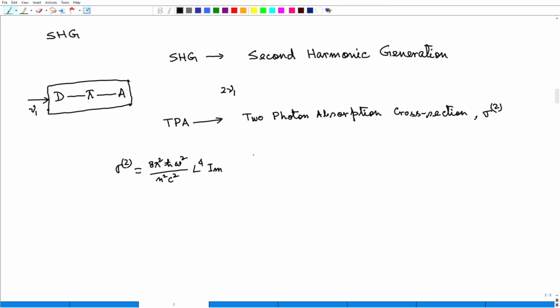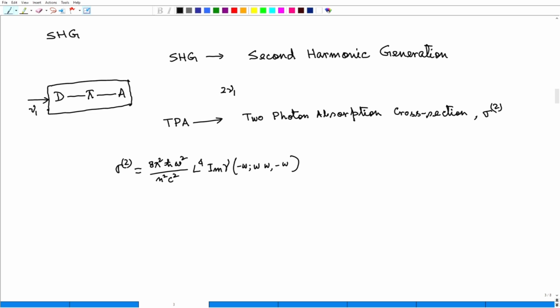Gamma is the third order NLO. Gamma is a function of minus omega, minus omega is an equation. Okay. Now, L corresponds to the local field factor, and then these values are expressed in GM.